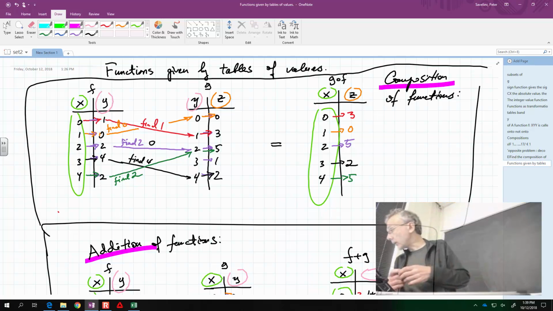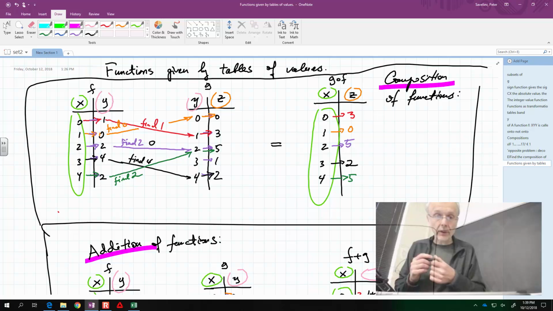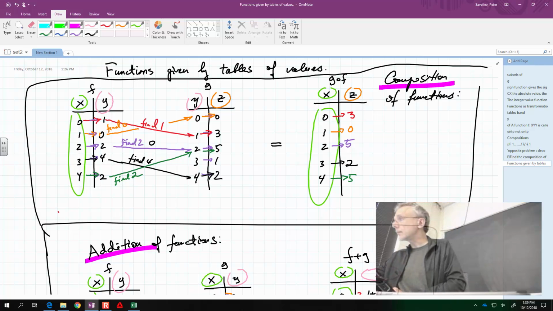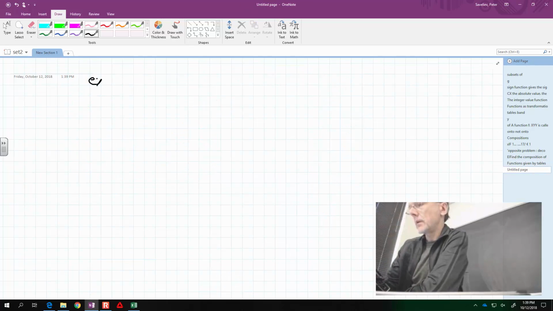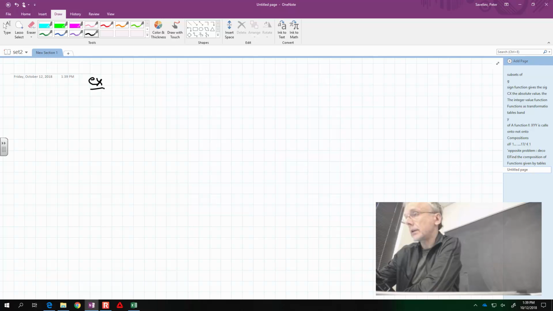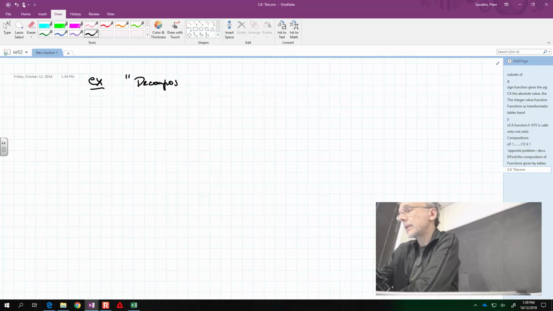Okay, maybe one more example of this kind. Slightly trickier. So decompose, informally, what it means is represent as a composition.